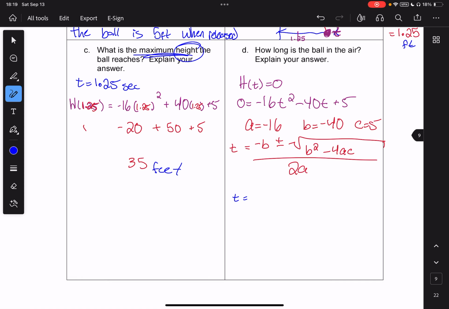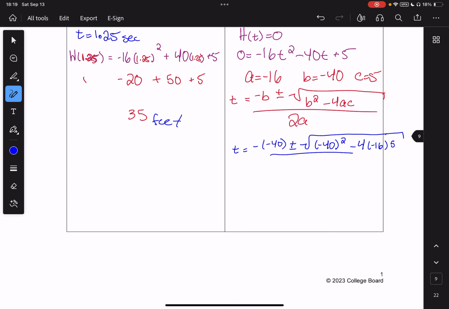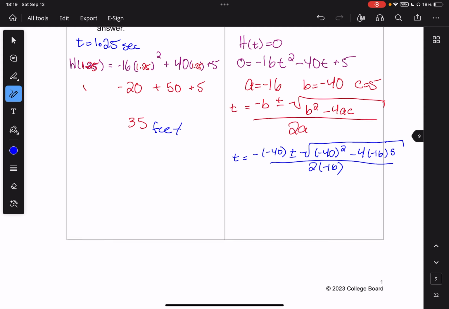So, T is equal to negative negative 40 plus or minus the square root of B squared minus 4 times A times C, all over 2A. So, what does this simplify to?